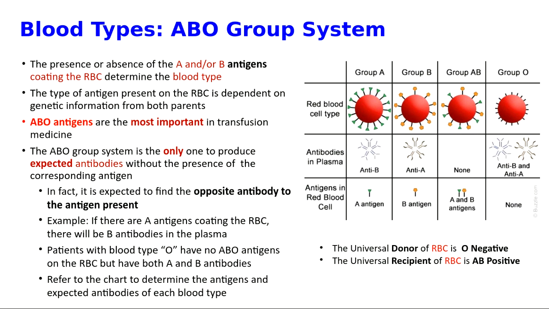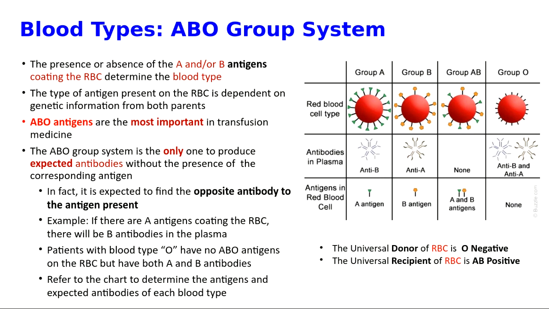And this, slide number 5, summarizes how we determine the blood type of a patient based on the ABO only, okay? Remember, antigens on the red blood cells provide the information about the blood type.